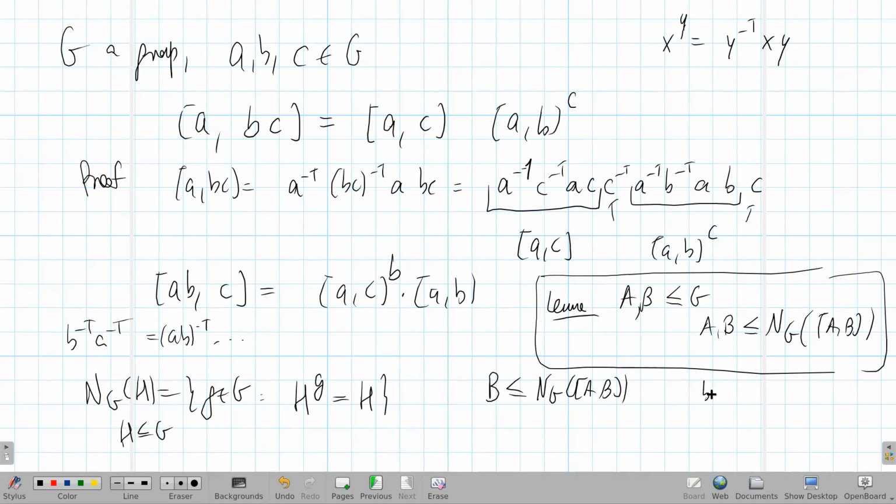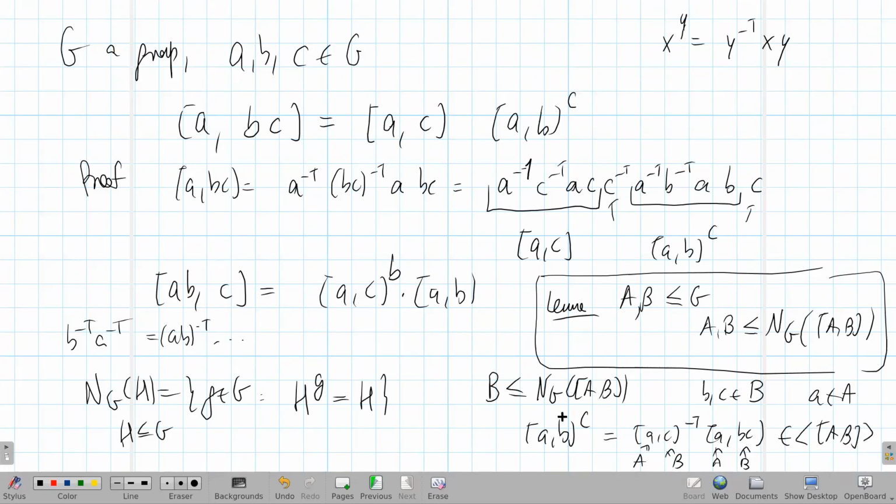Because if you take C in B, then this equation here tells you that A, B to the C, note that C is in B, equals, I take this to the other side, A C inverse times A B C. You see, A is in A. Oh yes, of course I take A in A. C is in B. A is in A, and this is in B, of course, because both B and C are in B. So all of this is an element of the span of A, B.